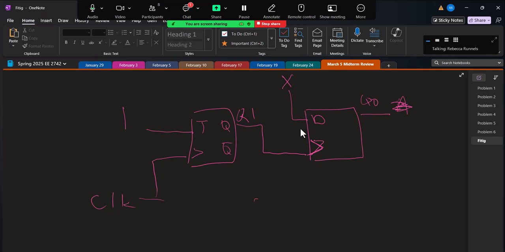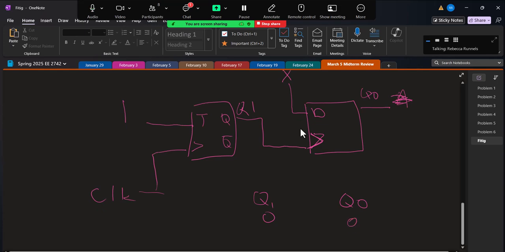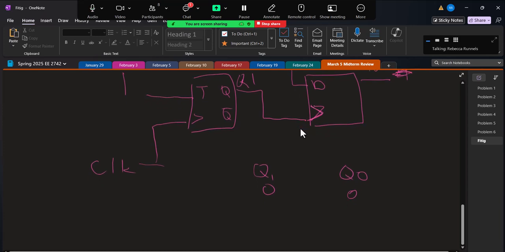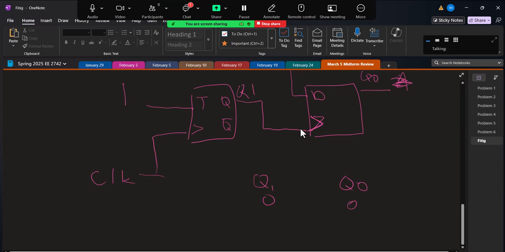I'm going to say that Q1 and Q0 both start at 0, and I want to know what the values are after each edge of the clock. Okay, so here we're starting at 0, 0. When the clock next changes, what is Q1 going to be?